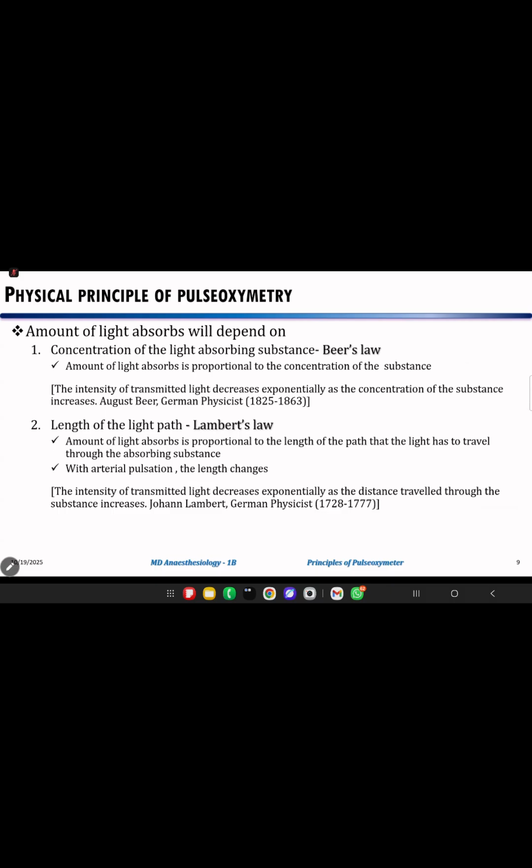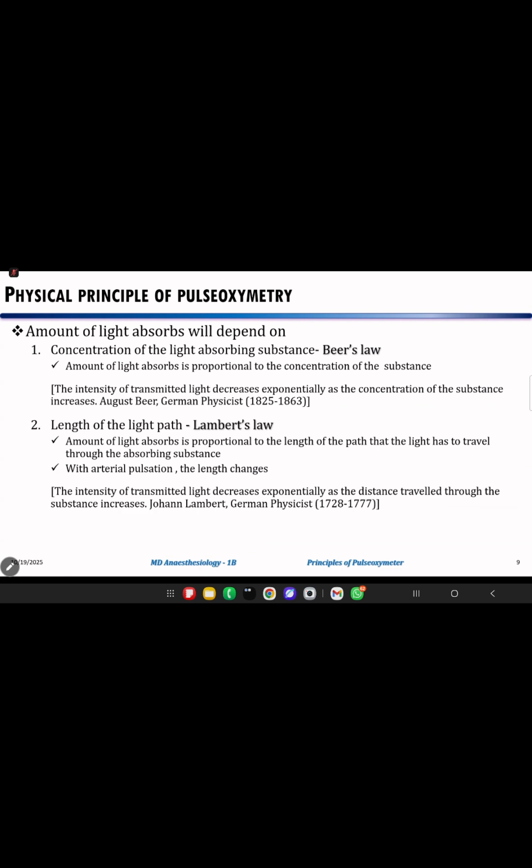First we'll go through Beer's law. It concerns the concentration of the light absorbing substance. It says the amount of light absorbed is proportional to the concentration of the substance.